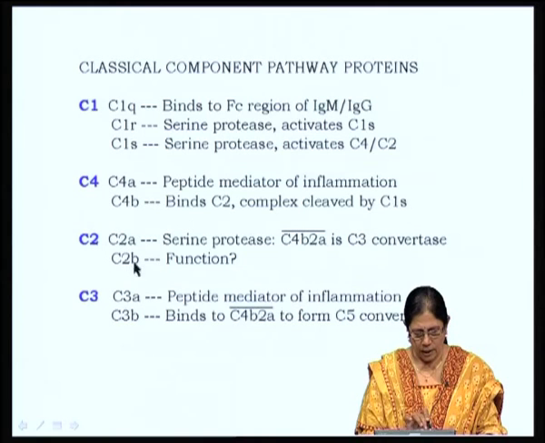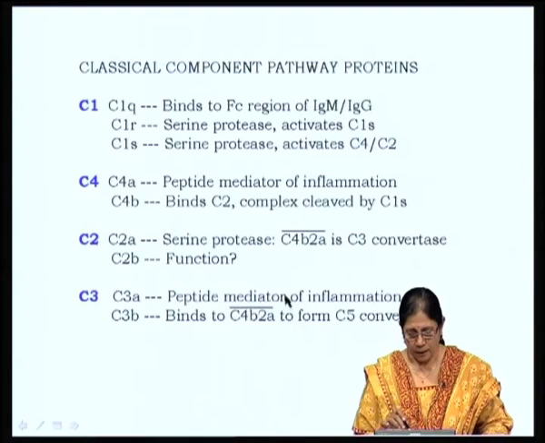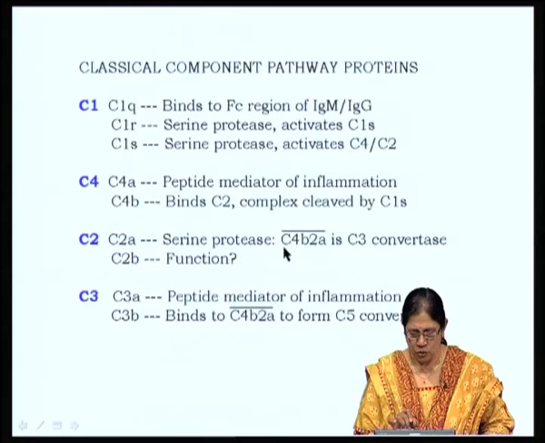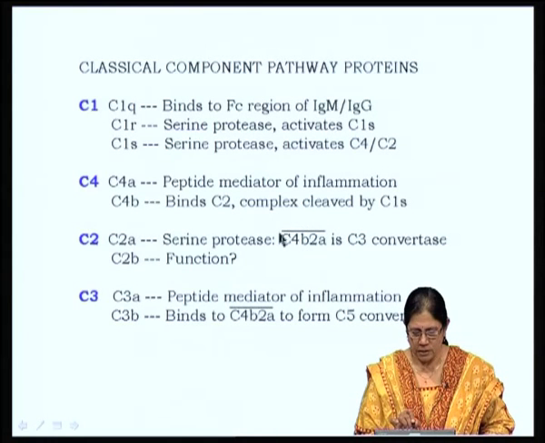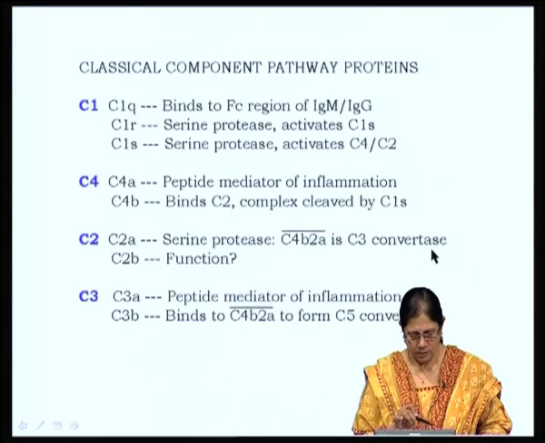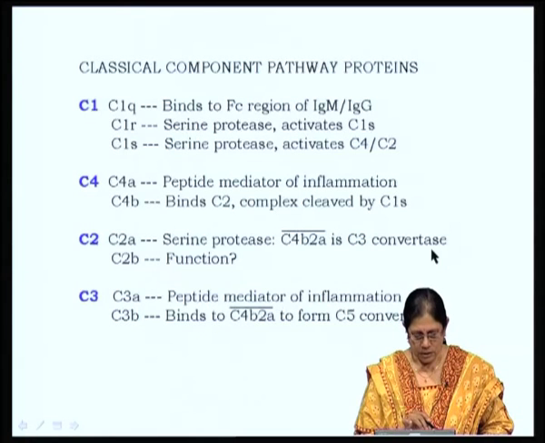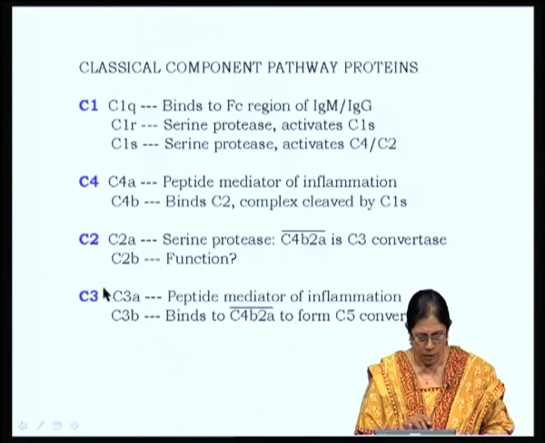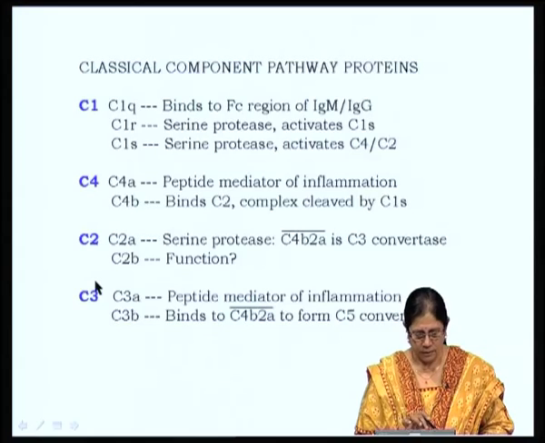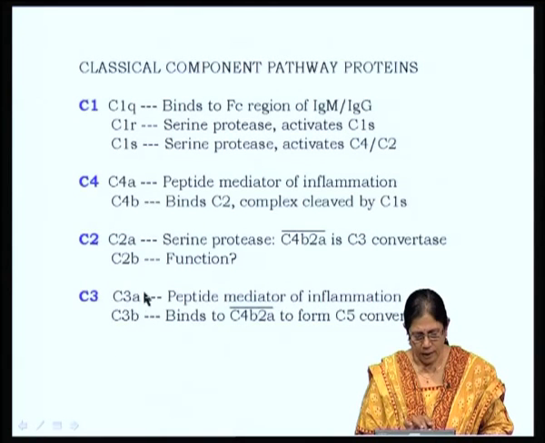Now, C2a is a serine protease and C2b, the function is unknown, and both these are a part of C2. When C2a binds to C4b, it forms now an active C3 convertase. C3, which is one of the most important molecules of the complement components, is again made up of C3a and C3b, or rather C3 gets cleaved to these components.